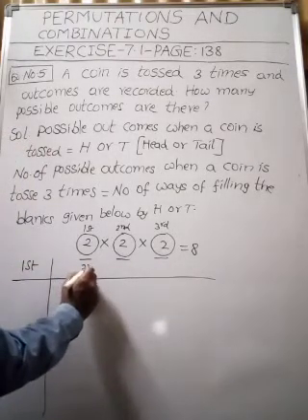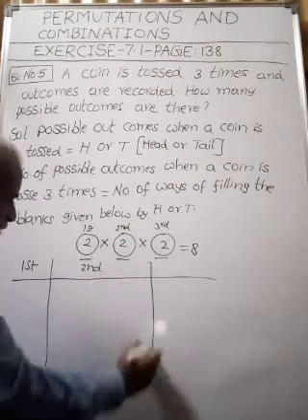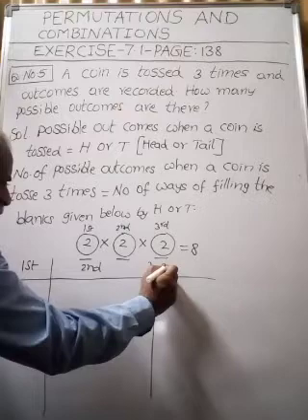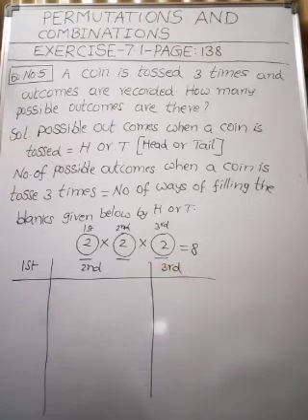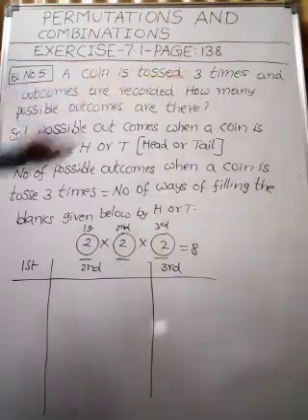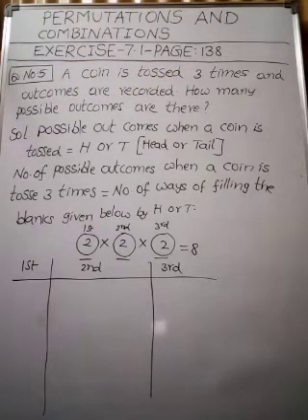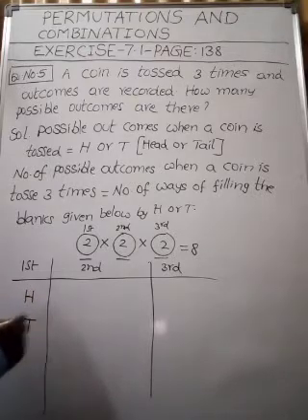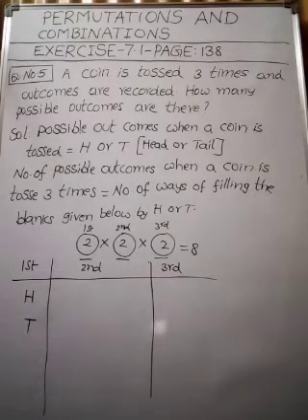First time, here I am writing the list of outcomes because the number of times is a small number. First time, either head or tail. Yes or no, my children? Right.